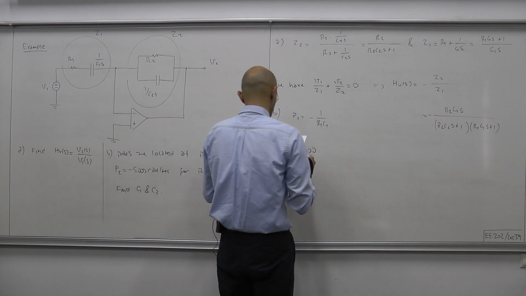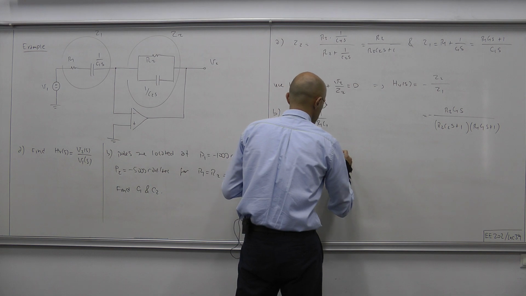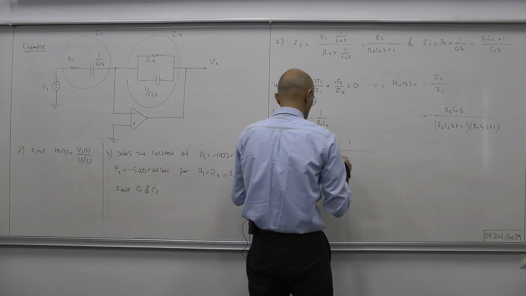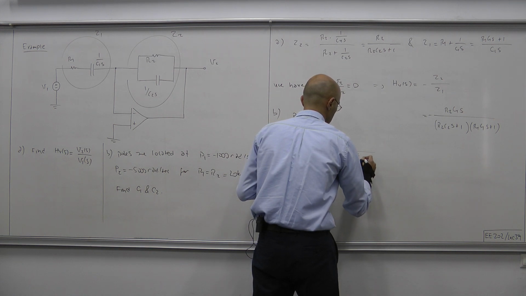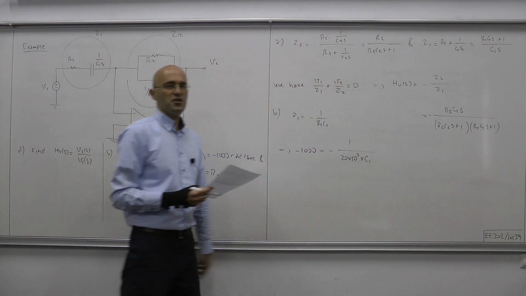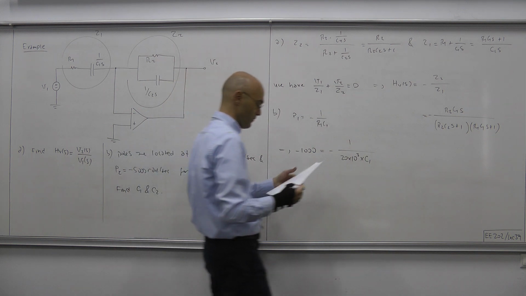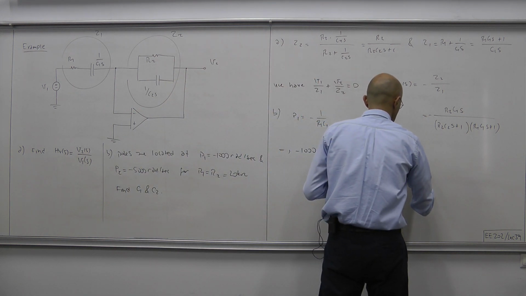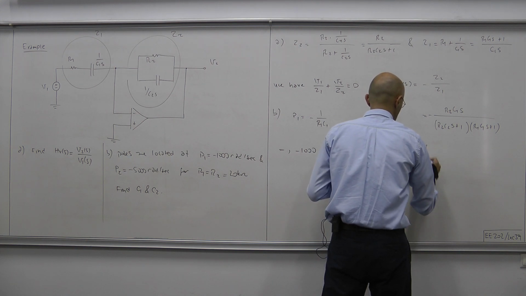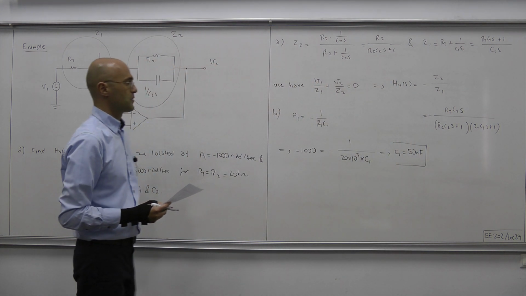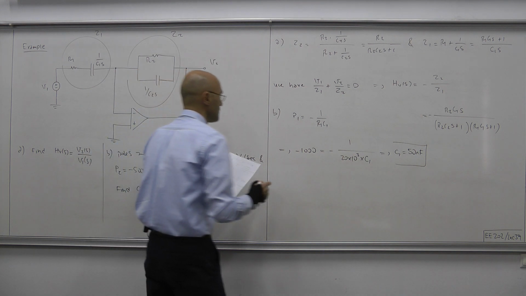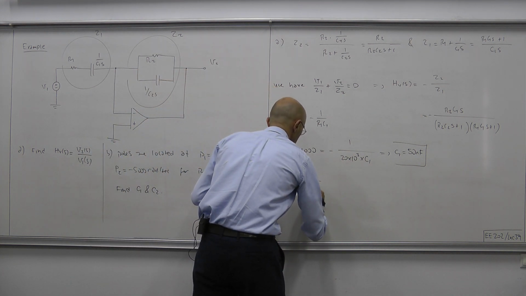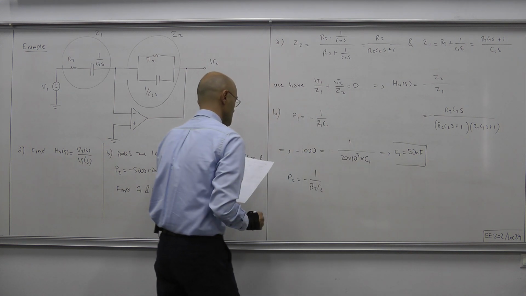So minus 1000 equals minus 1 over 20 times 10 to the 3 times C1, which produces C1 equals 50 nanofarads. Likewise, P2 equals minus 1 over R2 C2.